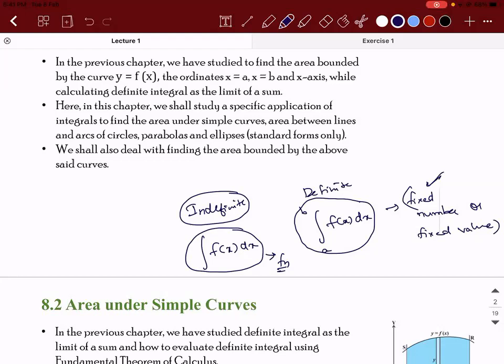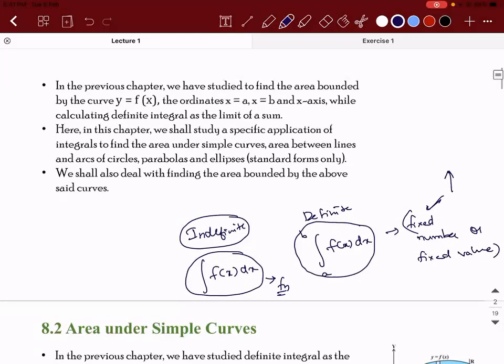But the question is, what does that fixed number or value signify? Any idea? This is the one that signifies the area made by the curve with respect to the x-axis. If I do the integral of f of x dx, then I'm trying to calculate the area made by the function f of x with respect to the x-axis between the limits a and b.